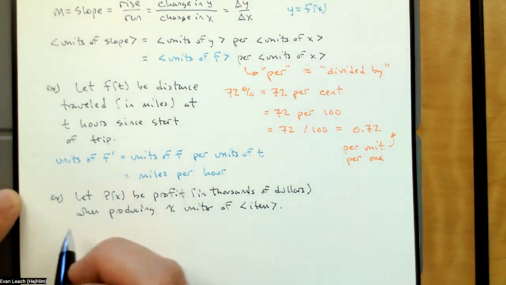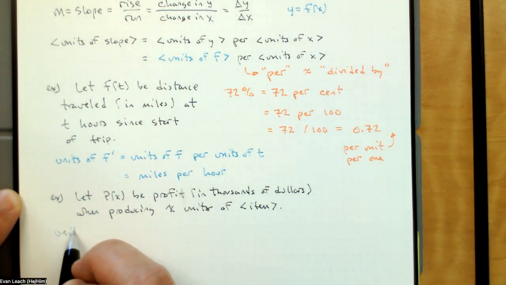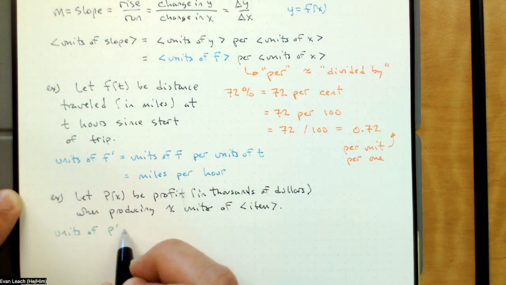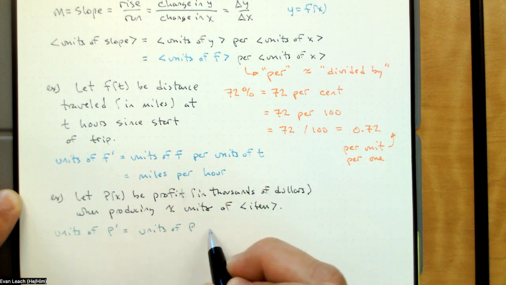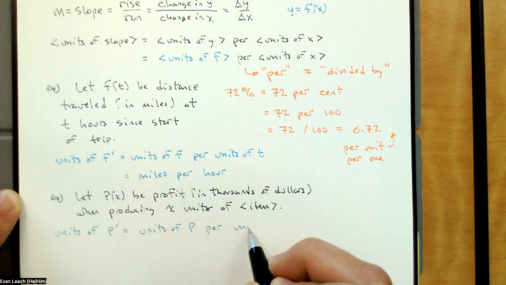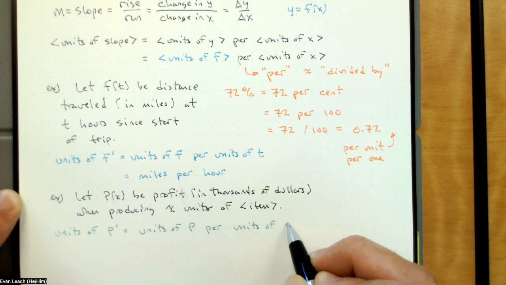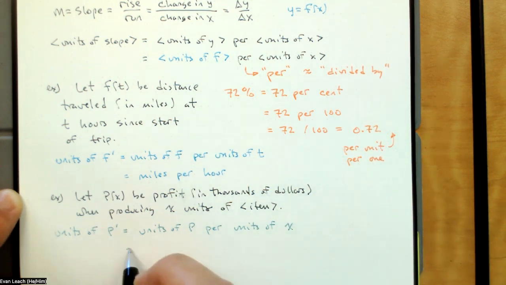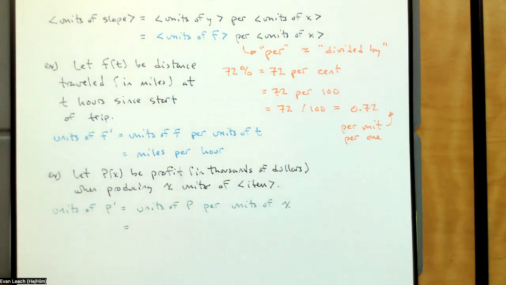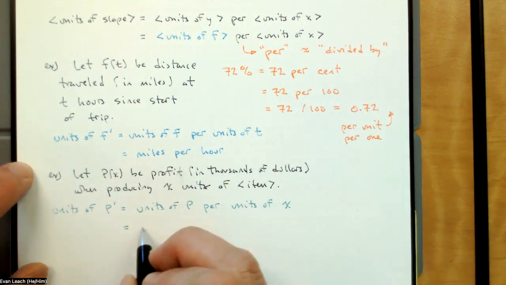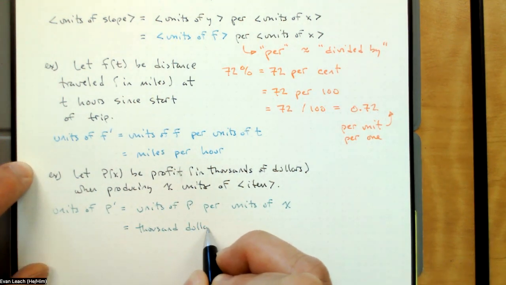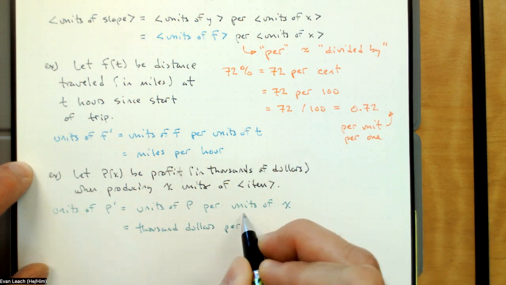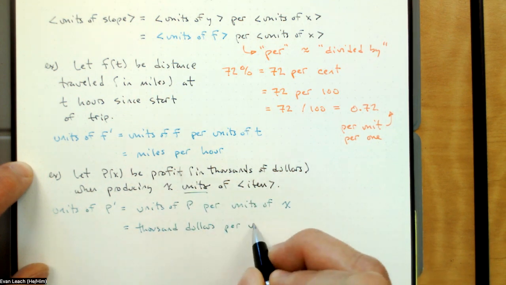The units of our derivative will be the units of the function, then we write per, and then we write the units of our independent variable x. The units of our function are thousands of dollars. Per, then the units of x are just, well, units.